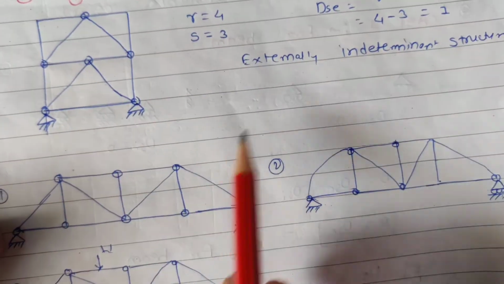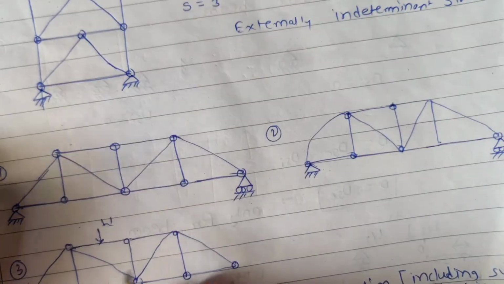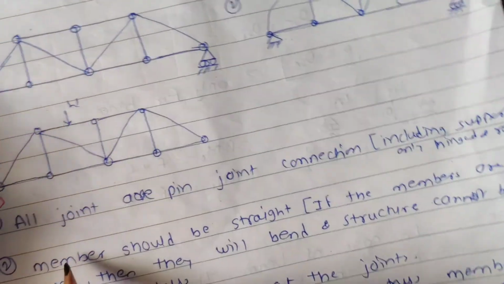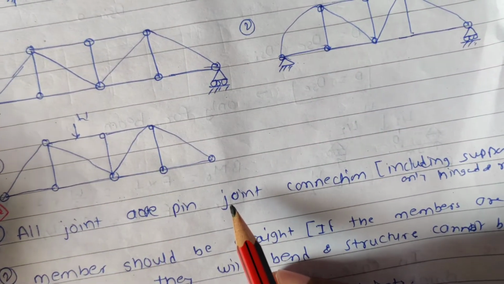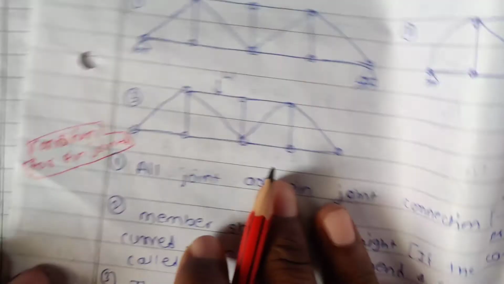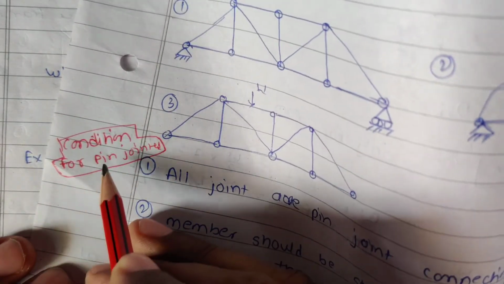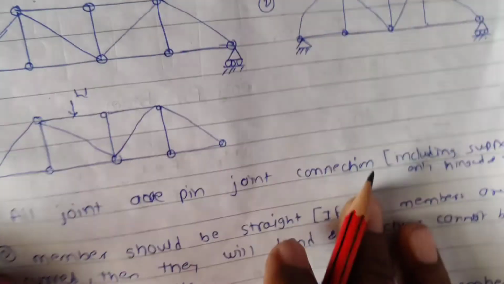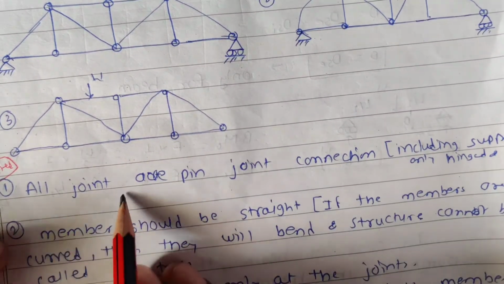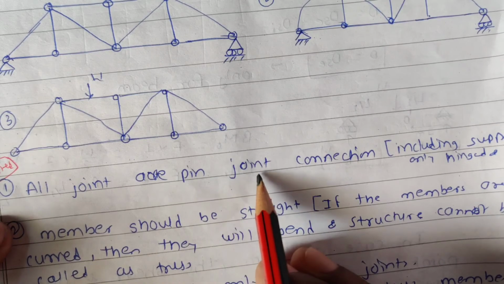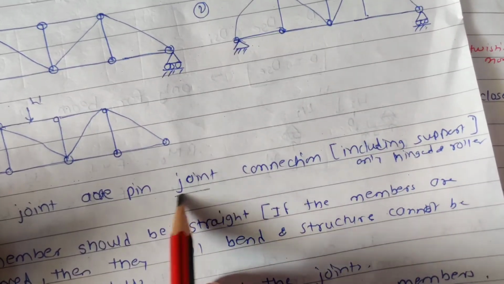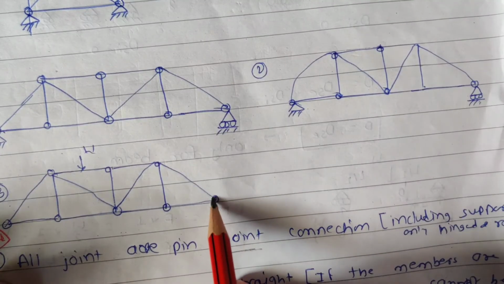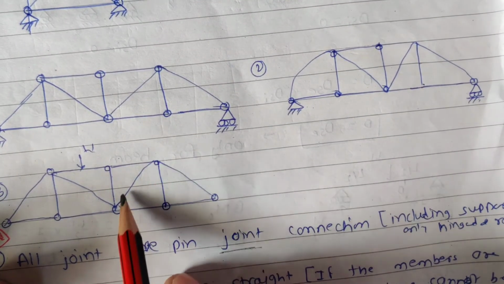Let's discuss what we call a truss, because truss is an important character in pin jointed structures. Let's discuss the conditions for a truss. All joints are pin joint connections including supports and hinges. All joints should be pin jointed.